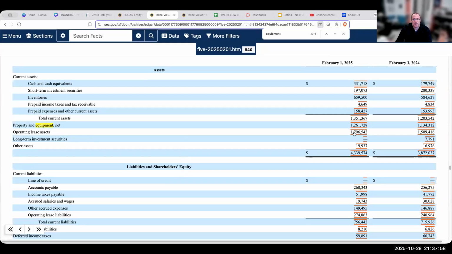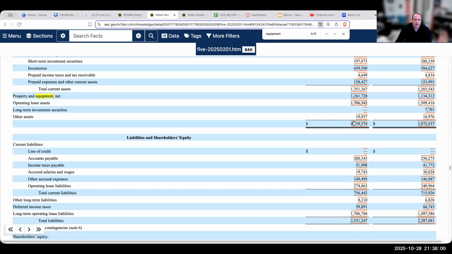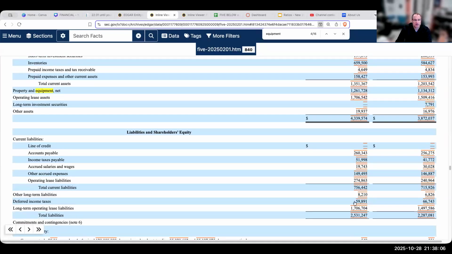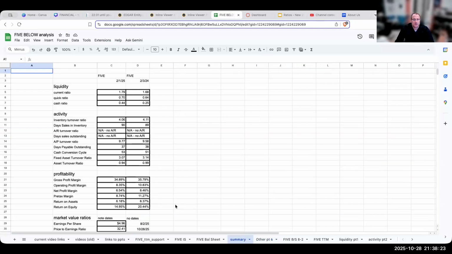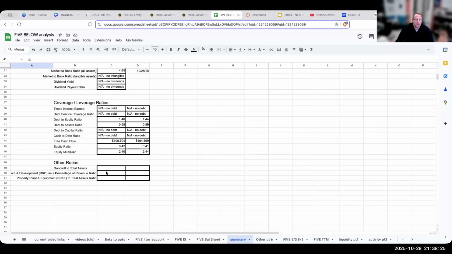You see the operating lease assets, which reference the leases I've entered into, counteracted by long-term operating lease liabilities. It's just a gross up of the balance sheet. We don't own it, but we have to record it on our books. So thank you, airlines. Okay, this wraps us up over here on the other ratios.